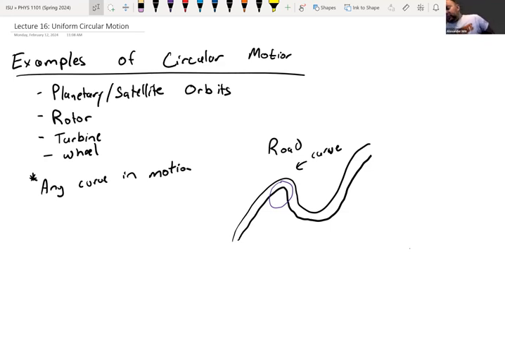But a lot of times when we have a curved path, like a road or a turn, you imagine yourself going through a stoplight, and you turn. It's not like you go straight and then immediately change directions. You do this kind of soft turn that could better be thought of as a quarter circle. It's much closer to a quarter circle than it is to going straight, stopping, and then immediately turning and going the other direction. So a lot of times these things can be thought of as parts of circular motion.